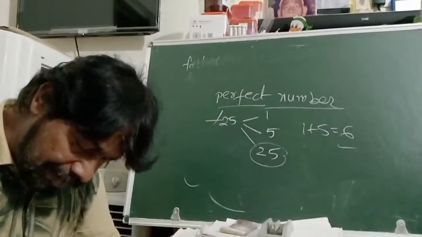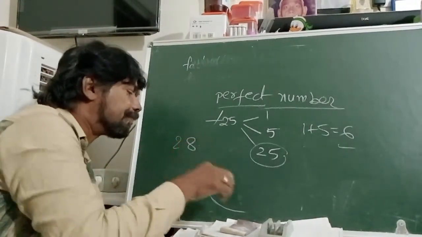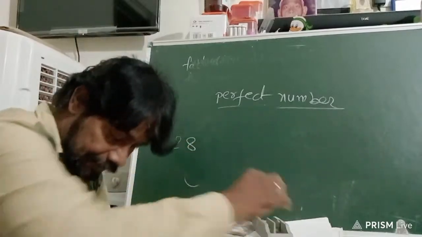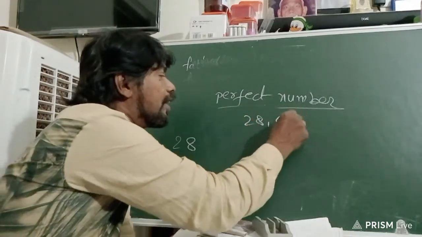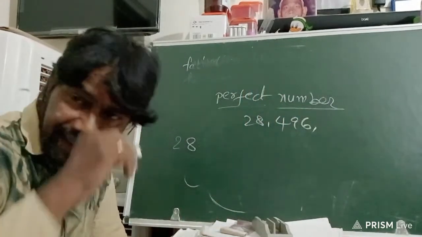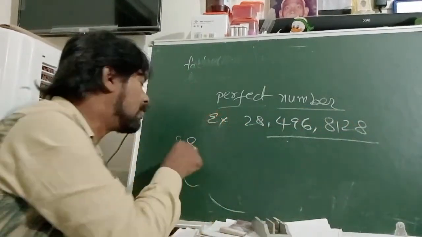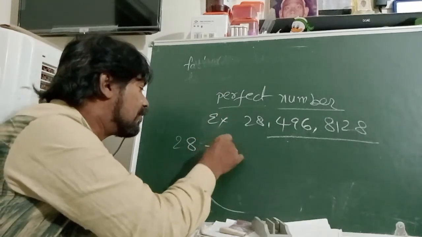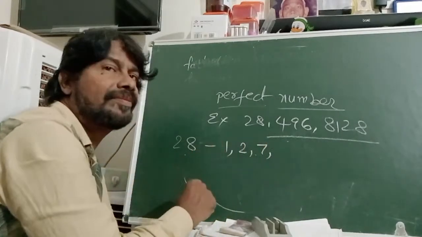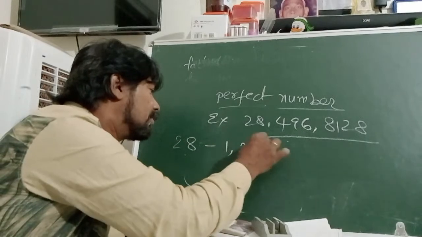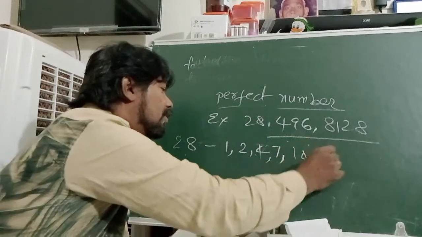If you take an example of 28. Some other examples of perfect numbers are 28, 496 and 8128. 28 factors: 1, 2, 4, 7, 14 and 28.